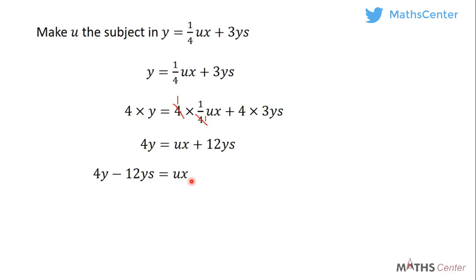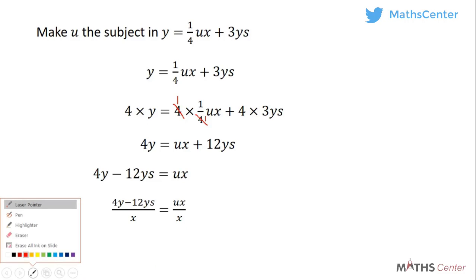Now what do I do? I want to make u the subject. The variable attached to u is x. What I'll do is divide both sides by x, such that x can cancel x out, so that I'll get u to stand alone or be the subject of the equation. So I'll divide the left hand side, which is 4y minus 12yx, by x, and I'll divide the right hand side, which is ux, by x.